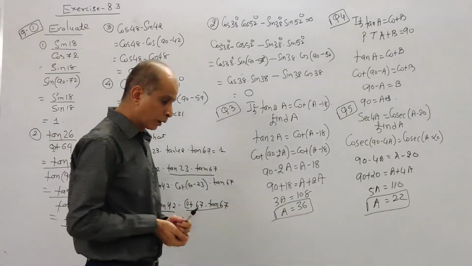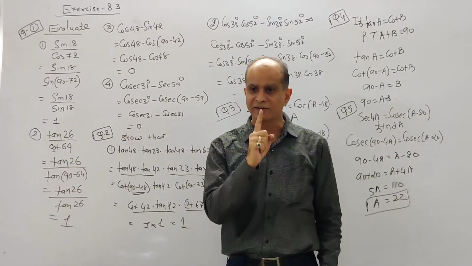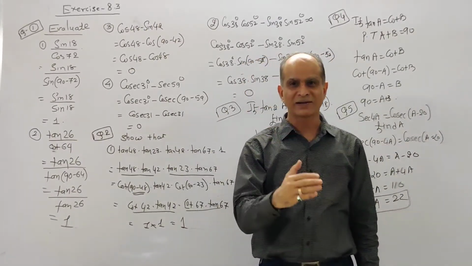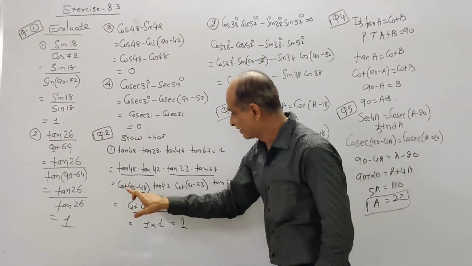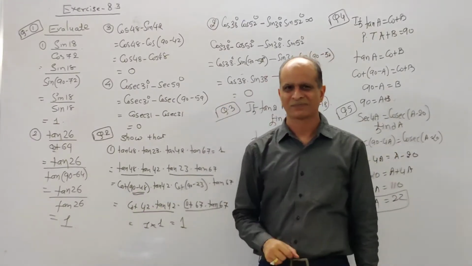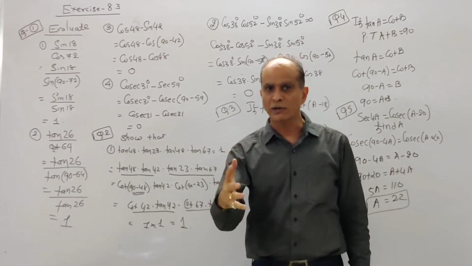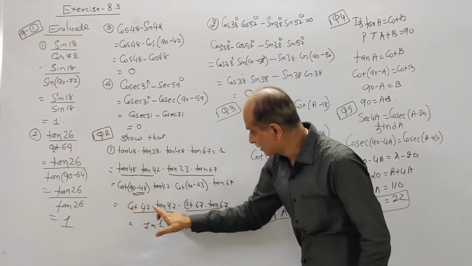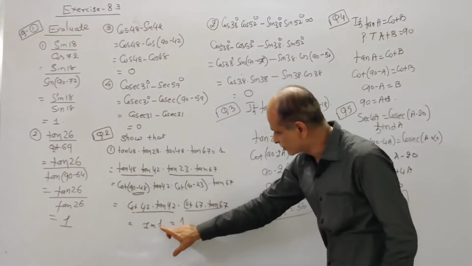Now you know the formula set number 3. Tan theta is equal to 1 upon cot theta, cot theta is equal to 1 upon tan theta, and that's why tan theta into cot theta is equal to 1. Recall the set number 3. Tan and cot are inverse of each other. So you can write tan theta into cot theta is equal to 1, cot theta into tan theta is equal to 1.